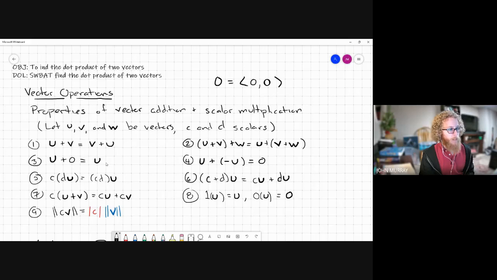Number 4 is just a way to rewrite. It's the additive inverse. Did I say that? I might have said that. I forget. It's been a while. But we just move the u over.